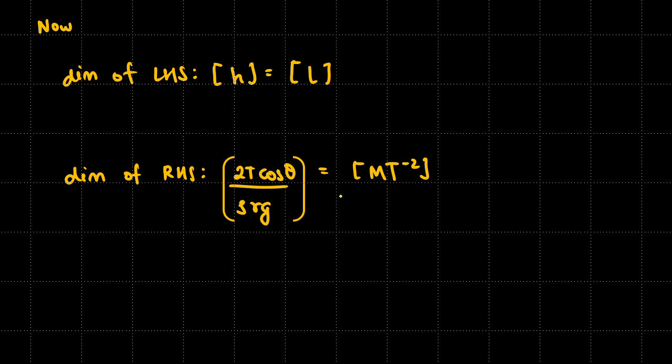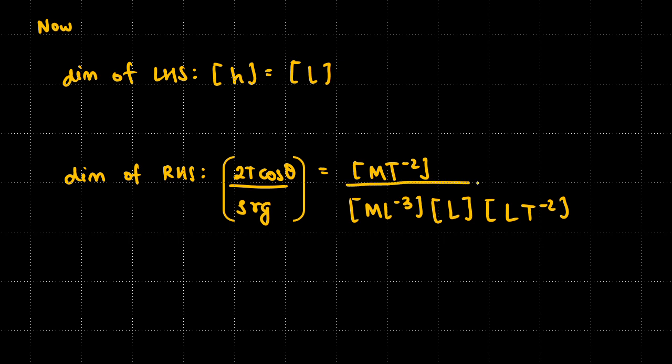The dimension of rho is ML^-3. The dimension of r will be L. The dimension of g is meter per second square, so it will be LT^-2, since acceleration is length over time squared, or velocity over time. Now let's check the dimensions. The mass cancels out, so it will be M to the power 0, which I'm not going to write since you don't need to write powers raised to 0.